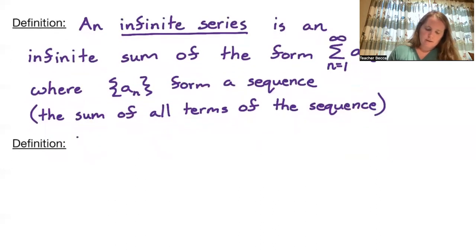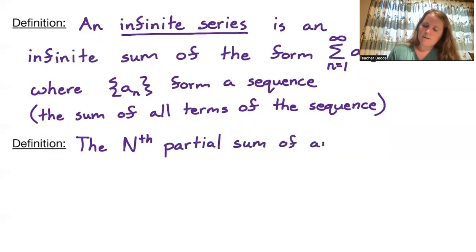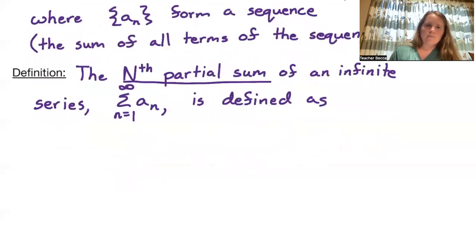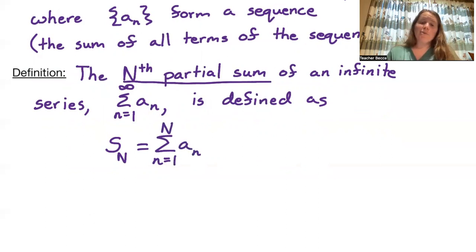The definition: the nth partial sum of an infinite series, the sum from n equals 1 to infinity of a sub n, is defined as S sub capital N equal to the sum from n equals 1 to capital N of a sub n. So essentially, it's the sum up through the nth term.